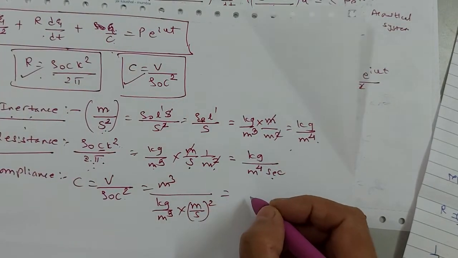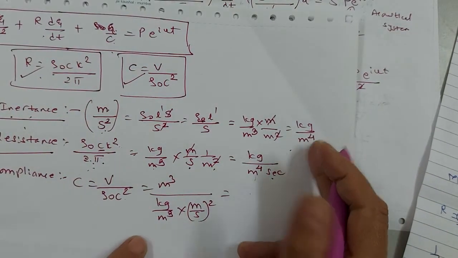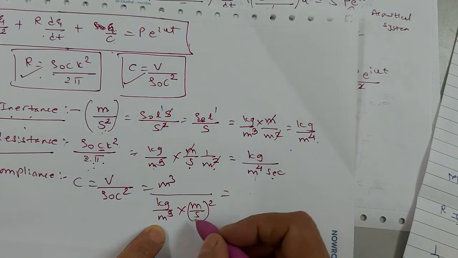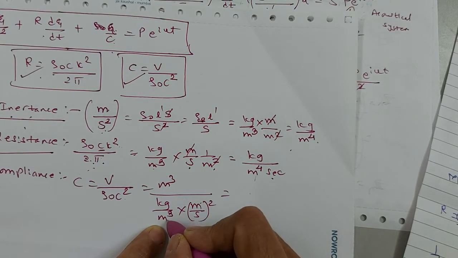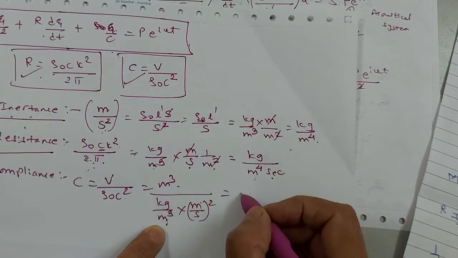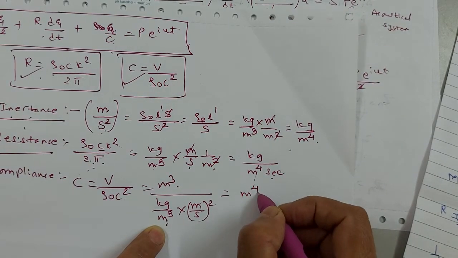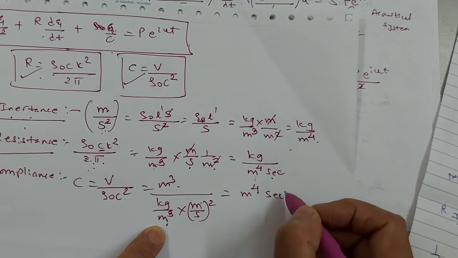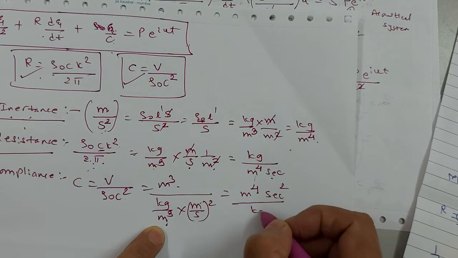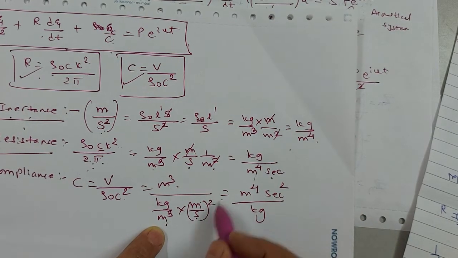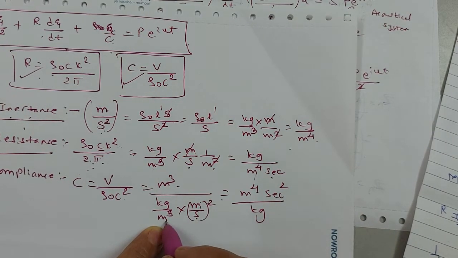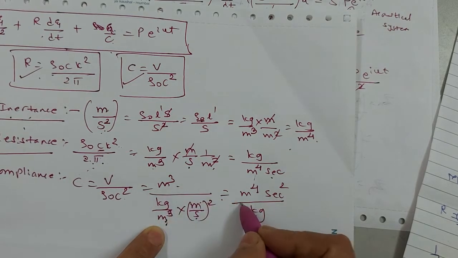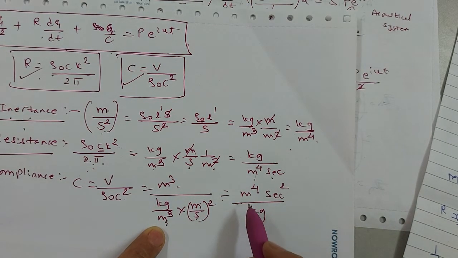If you simplify this, meter cube and meter square cancel, so 1 meter is left, and it becomes meter raised to 4. Second square goes up and is divided by kg.